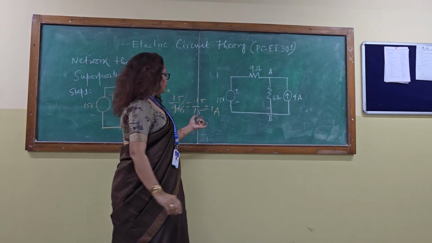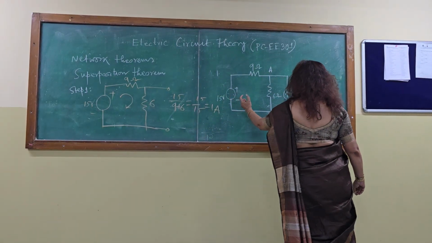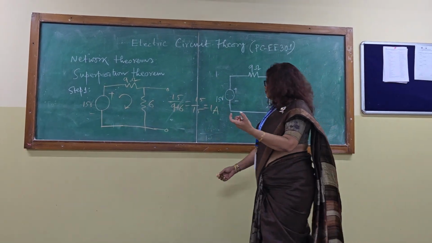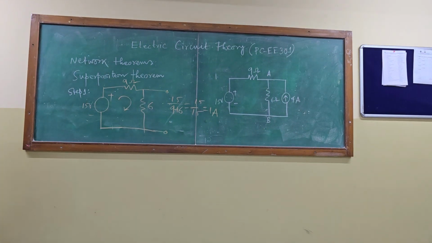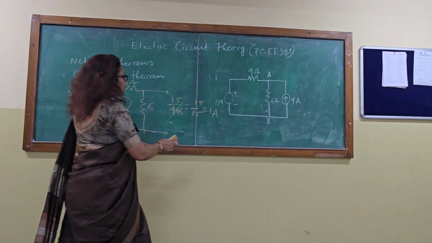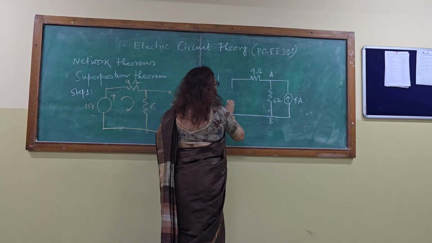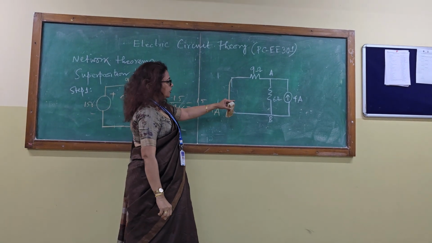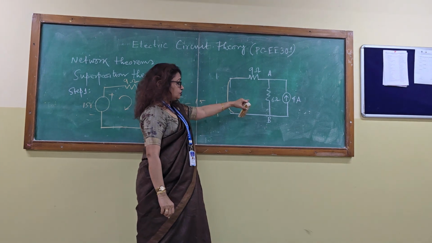Now if we consider the current source only, then in step 2 the voltage source will be shorted, so the circuit will be like this. So 9 and 6 will be in parallel. What will be the amount of current flowing through the 6 ohm?